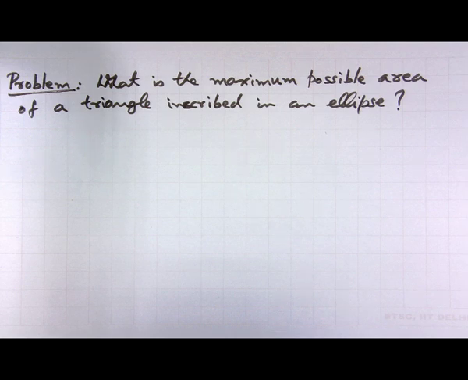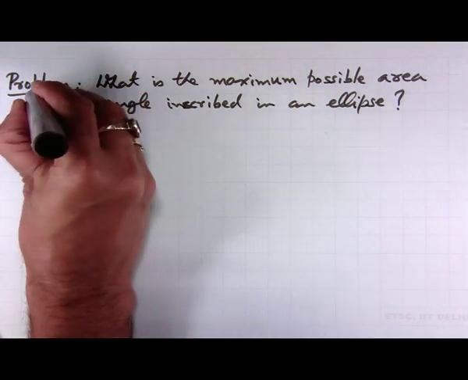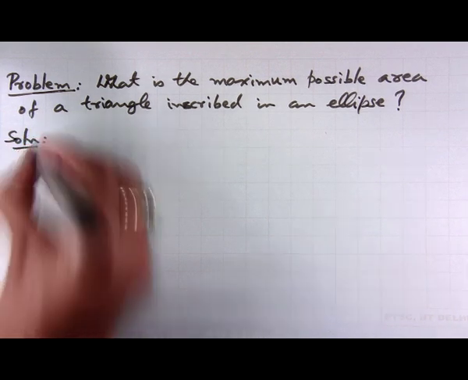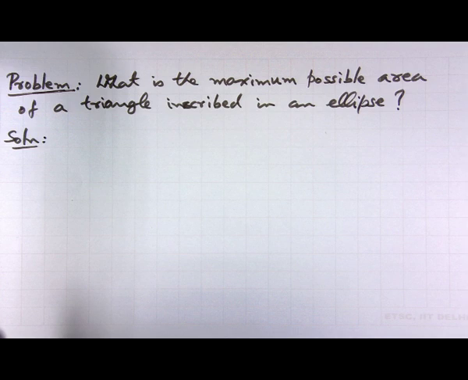So, to solve this problem, let us use the parameter for a general point on the ellipse.